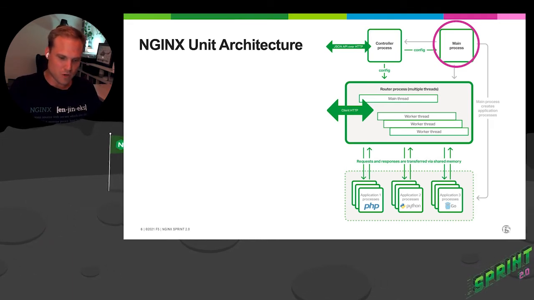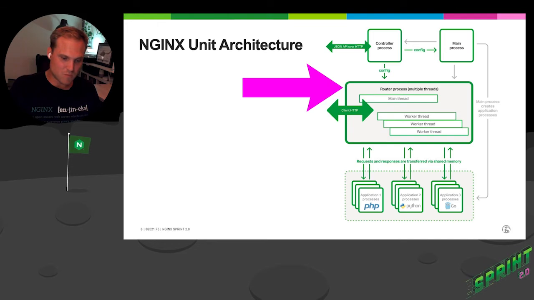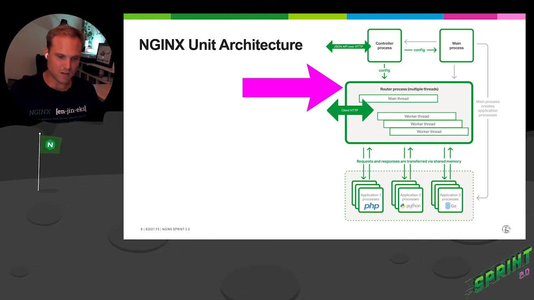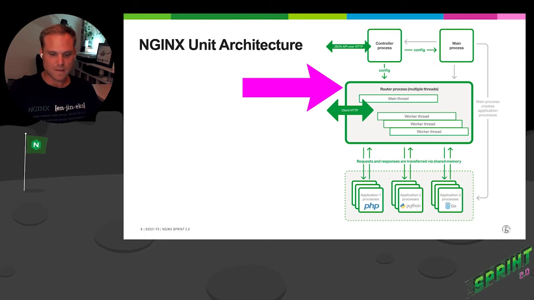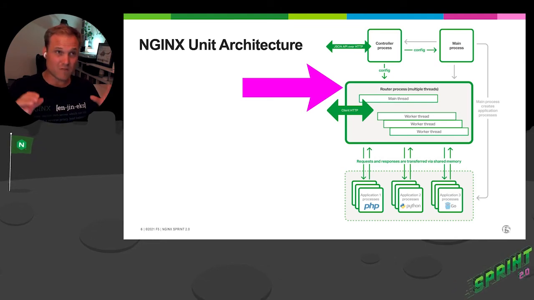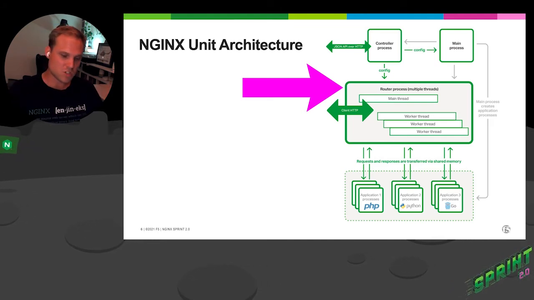The most important thing when it comes to the feature you just mentioned is this big green box in the middle that's called the router process. On a very high level, you can say this is the decoupling section from layer 4 to 7.